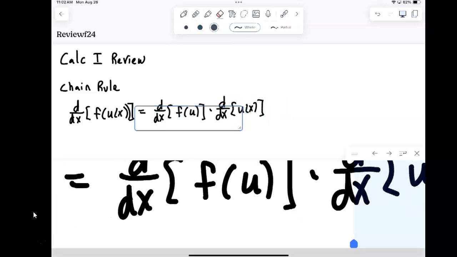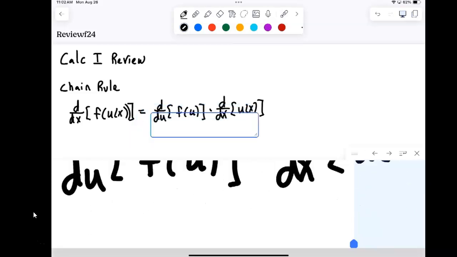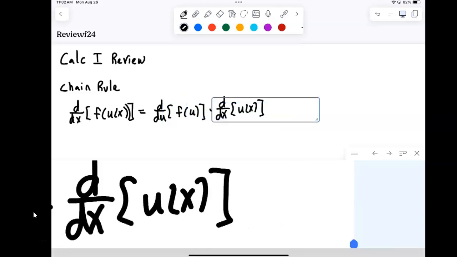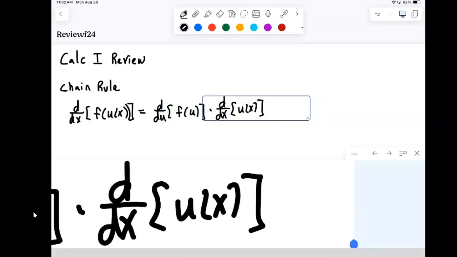And that should actually say derivative with respect to u there. Derivative with respect to u of f of u times the derivative with respect to x of u of x.